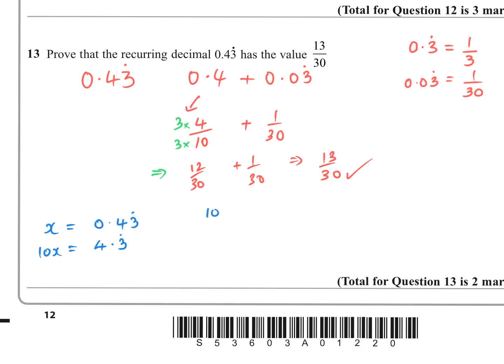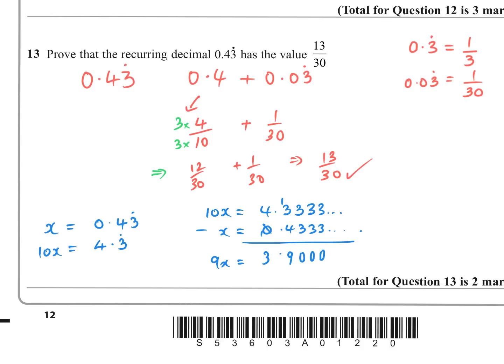And if we wrote that like this, and here we have the x here, then we can see if we took them away, we'd have 9x would be, well, all of these would cancel, and then we'd have 9x is 3.9.